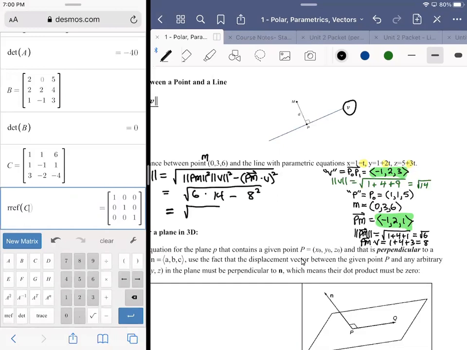So 6 times 14 is 84: 6 times 10 is 60, plus 24 is 84. Yeah, 84 minus 64, and we're looking at root 20.